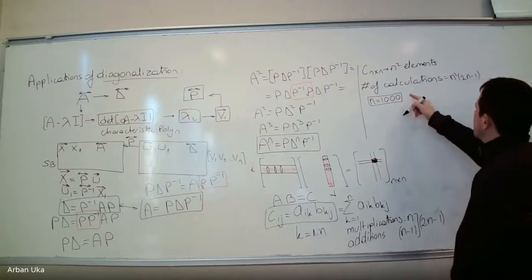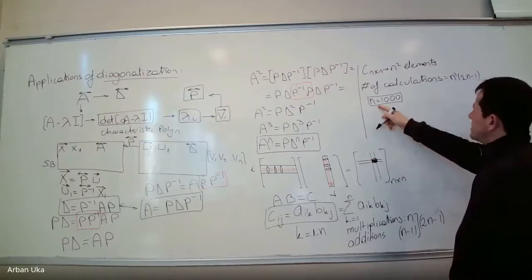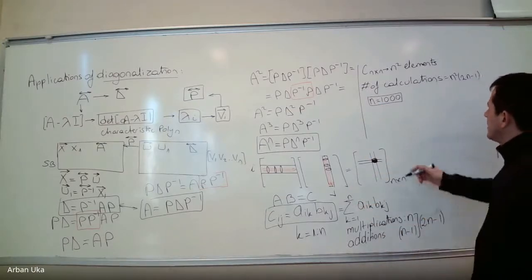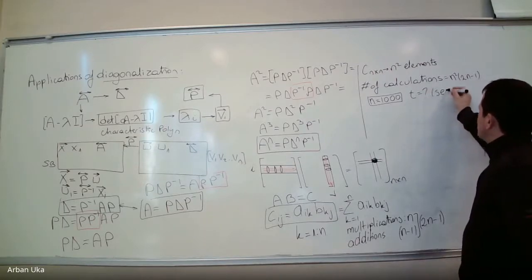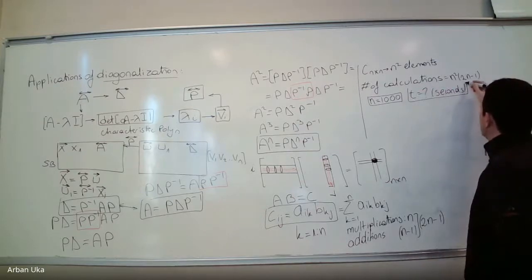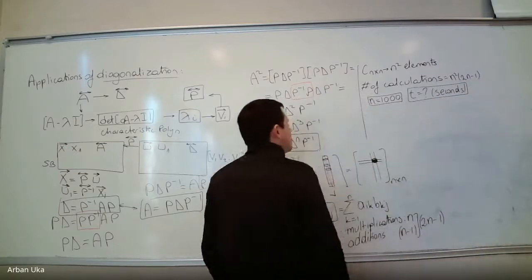And then the question that we can ask is this: if we have matrices A and B, and we want to multiply them, and n is 1,000, what is the time, which can be measured in seconds? So this is the question. What is the time to multiply two matrices?